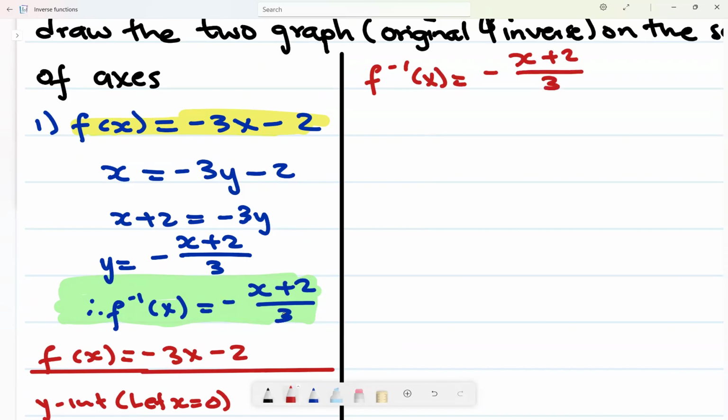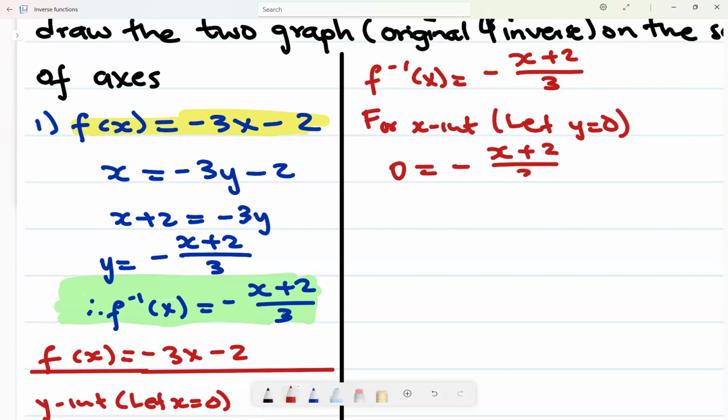Then now, remember for the x-intercept, we let y equal to 0. Can you see I'm taking you baby steps, but as time goes on I'll be moving fast. So it is going to be 0 is equal to negative x plus 2 divided by 3. When I multiply by 3, it's going to be 3 multiplied by 0, which is just 0.